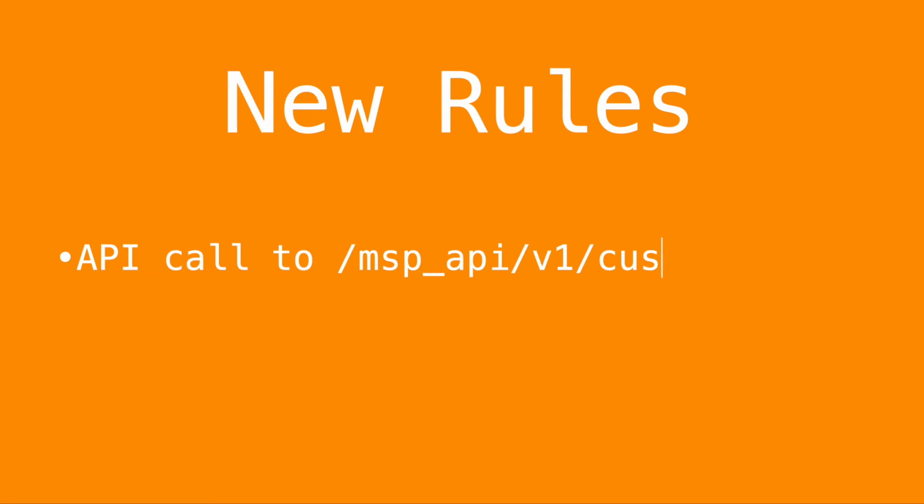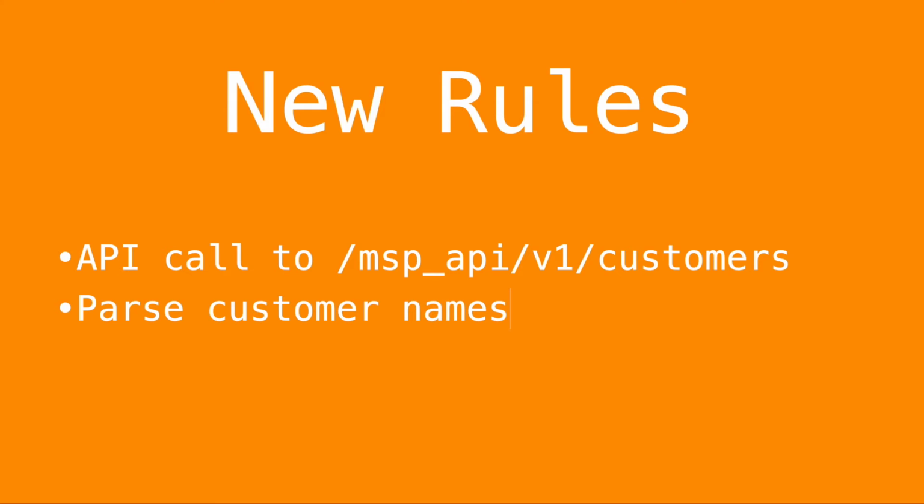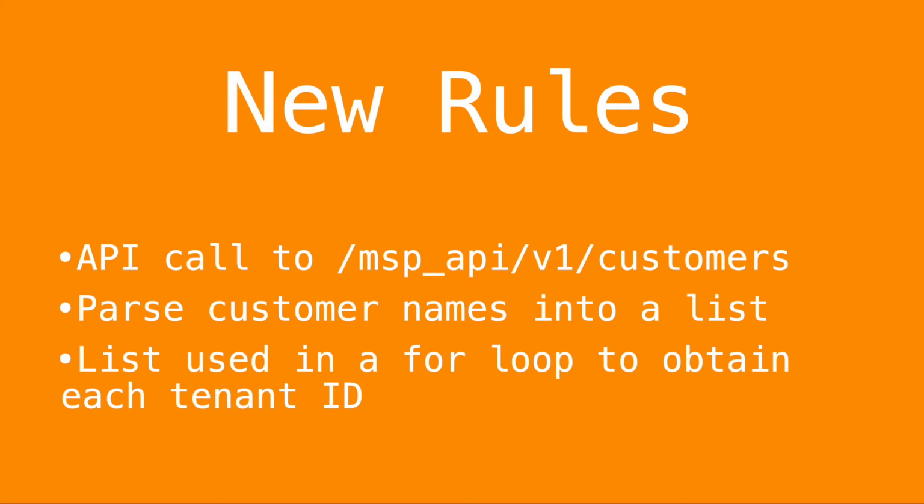Okay, so with the new rules, what we can do is we can actually make an API call to the msp_v1 customers and then get the customer names from that API. We can get all of the customer names, put them into a list, and then use a for loop to obtain the tenant IDs. Okay, so that may seem a little confusing. It makes sense to me because I've been living this for the last couple of weeks.